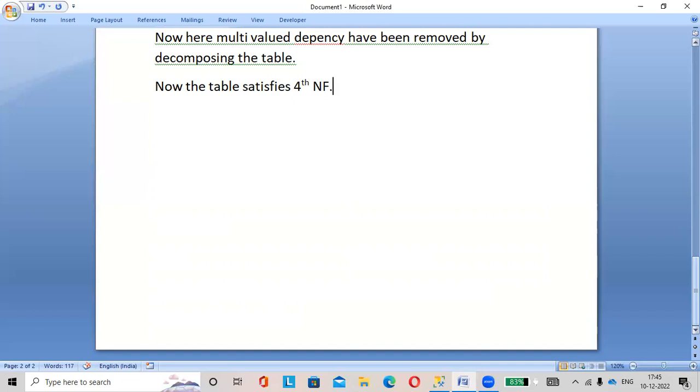In 4th NF, it is multi-valued dependency.